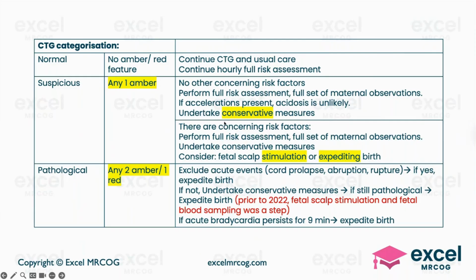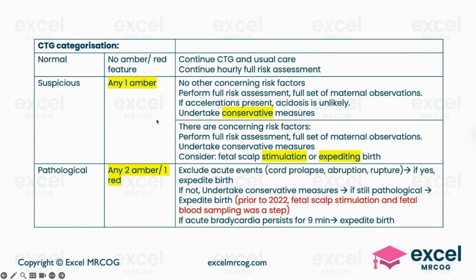You try to identify those underlying reasons why it has happened, and you are going to try and take conservative measures, and then your CTG might correct itself. Acceleration being present here without concerning features in the mother, it's always good. Acidosis is unlikely.